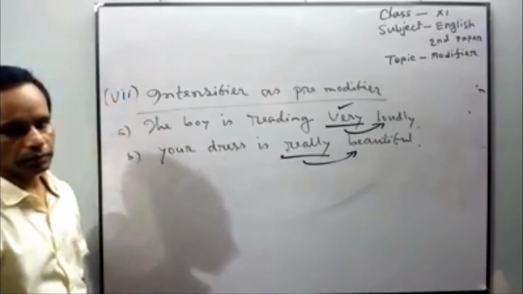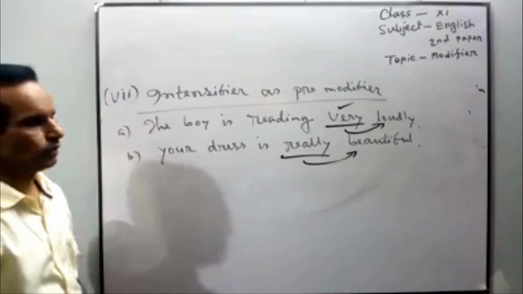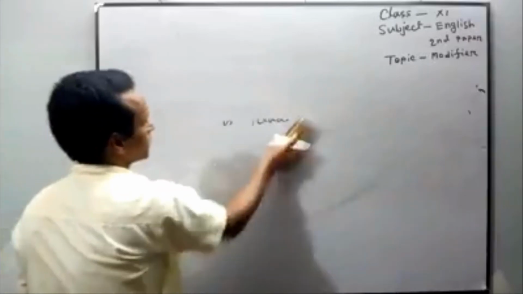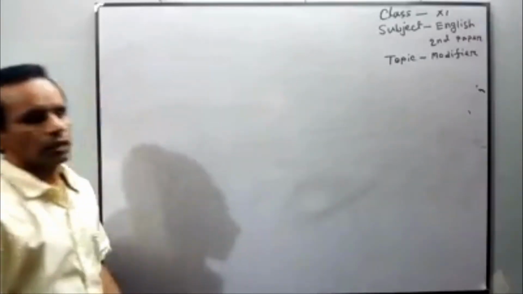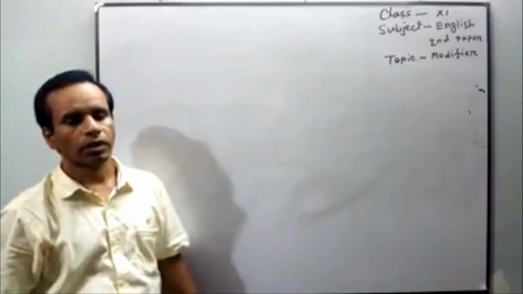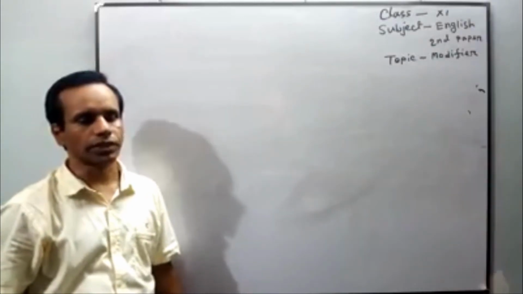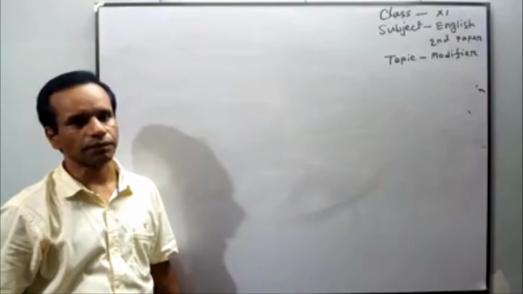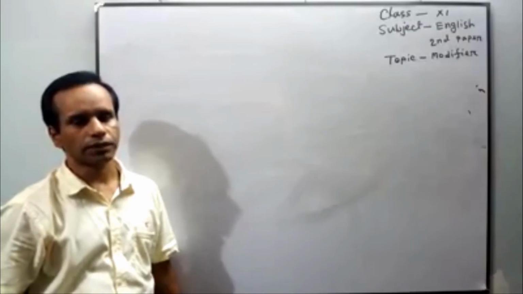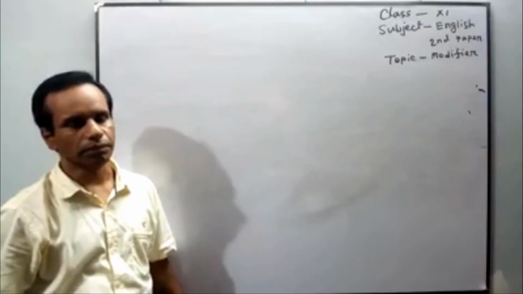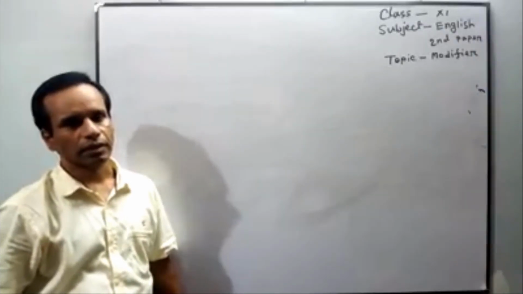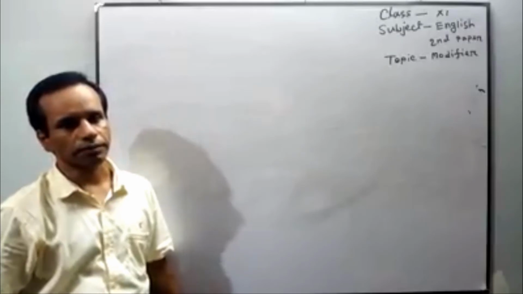I think you know about intensifier. Intensifier is an adverb which sits before adjective, verb or adverb and intensifies its meaning. That means intensifier deepens the meaning of a word.